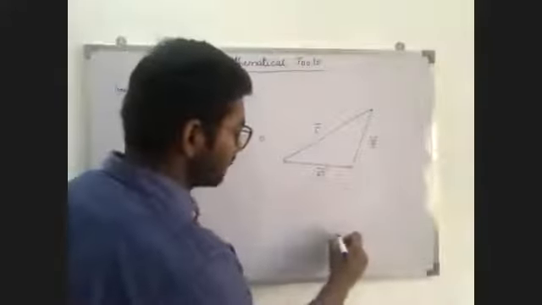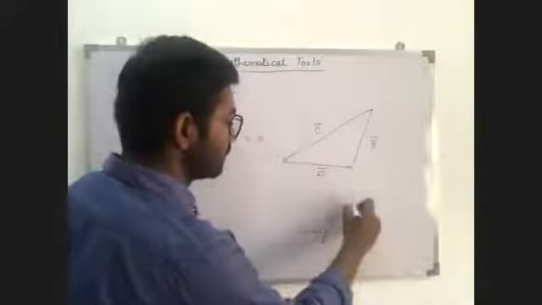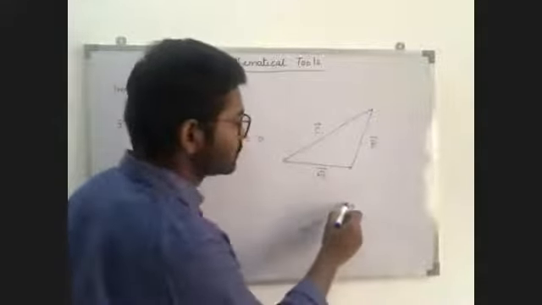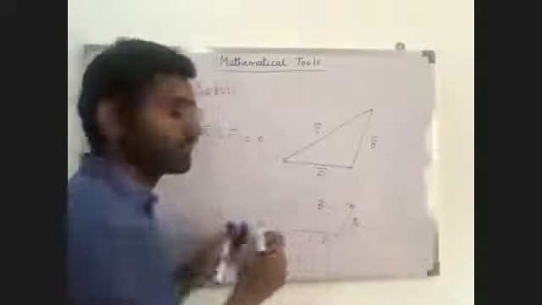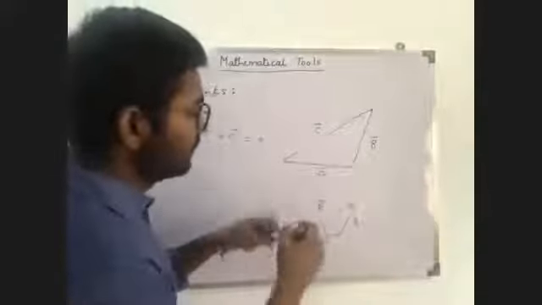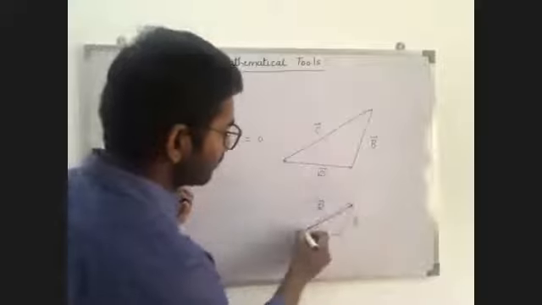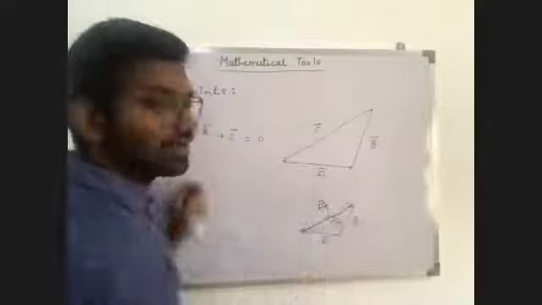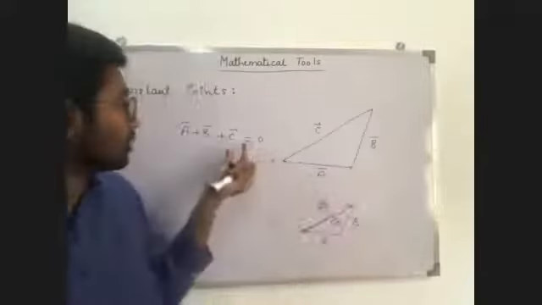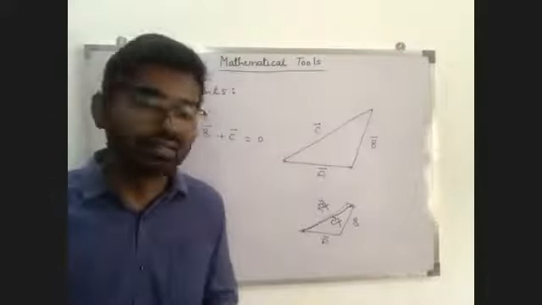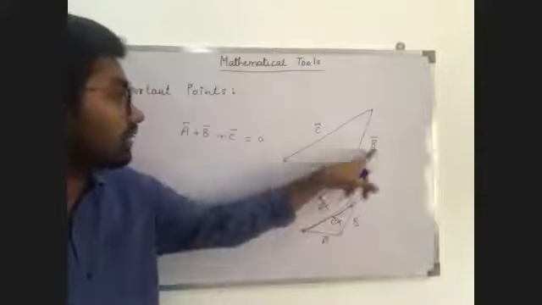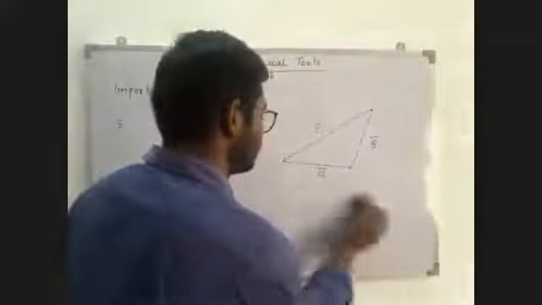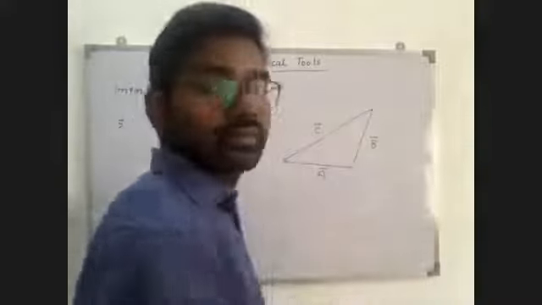If this is A vector and this is B vector, then the resultant of these two vectors is this one. This is the resultant vector. Now, if I put the same vector in this direction, this resultant and this C vector will cancel out and I will get the total summation 0. Is it right? Means if I sum A plus B plus C, I will get 0. Is it clear? Is it clear, guys?